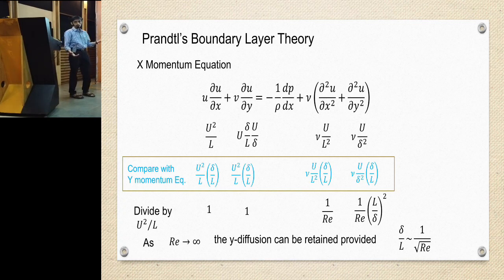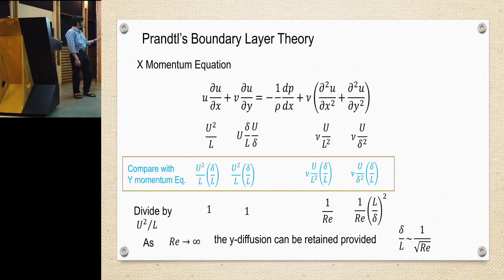See, if that term also goes to 0, then it reduces to Euler equation, which is not very useful because then there is no viscous term present. So in fact, if this term has to be order 1, delta by L has to go like 1 over square root of Reynolds. Because then, if you take L by delta squared, Re by Re becomes 1. So this term is of the same order as the left hand side term.